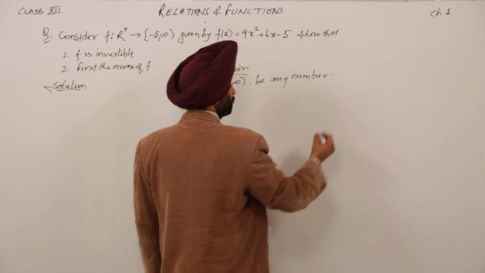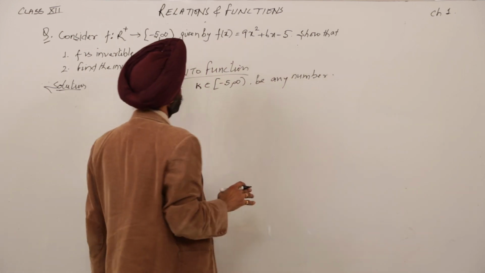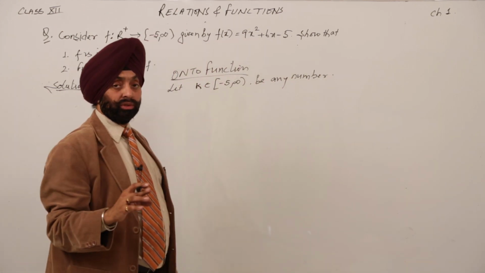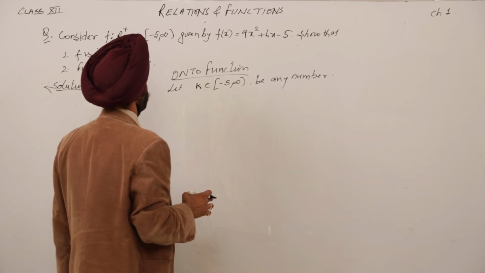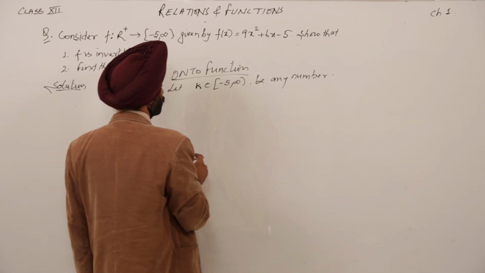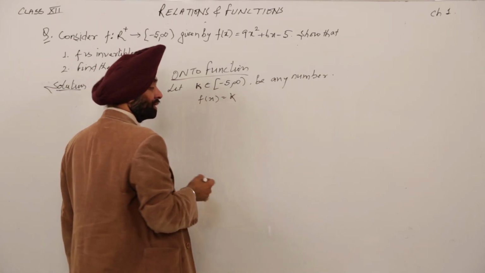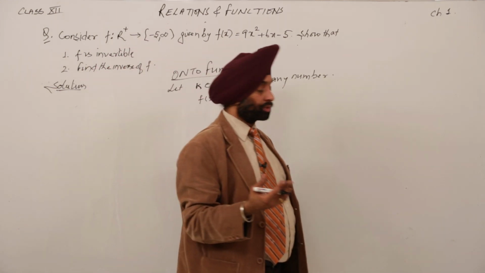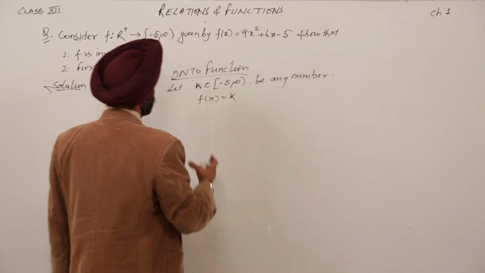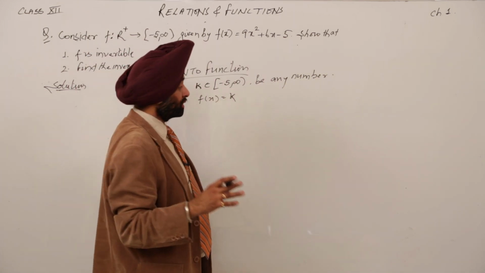Let k be any number, and it belongs to the interval from -5 to infinity, closed for -5 and open for infinity. Now we have f(x) = k. You can write y here also, because we used y in the earlier explanation. I have just changed it a little bit: f(x) = k.